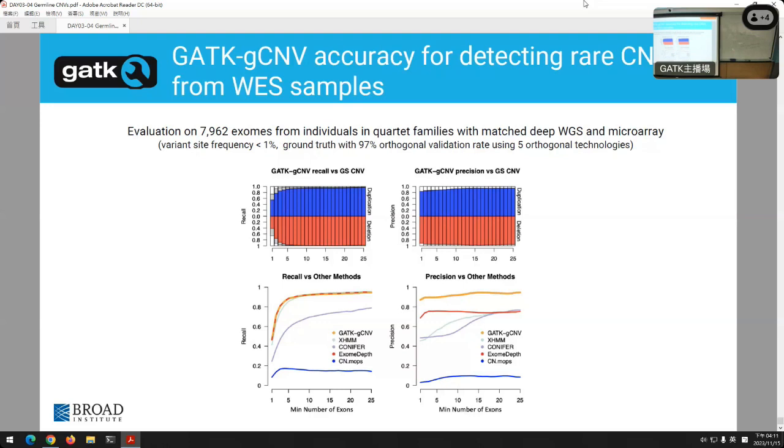That's why we have the filter intervals step of GCNV, to remove those intervals where we don't think we can do a good job. So if you have annotations of where those seg dupes or other types of copy number changes in the reference are located, then you can pass those into the filter intervals tool, and it can take in that information and determine which intervals it's going to actually use for CNV calling.